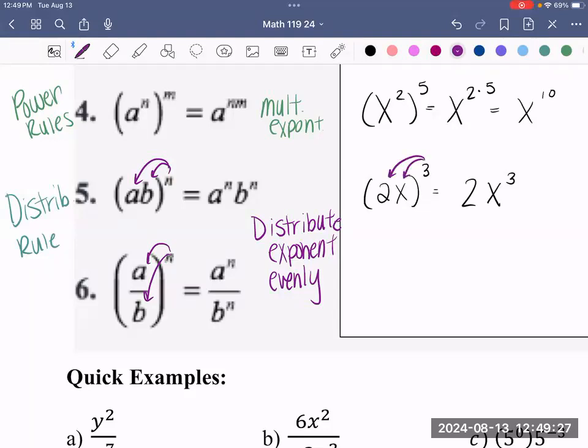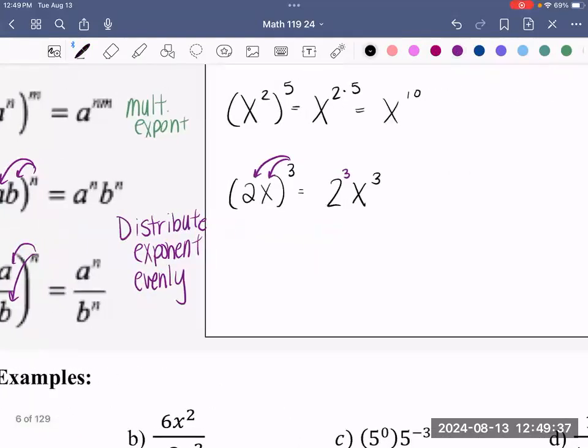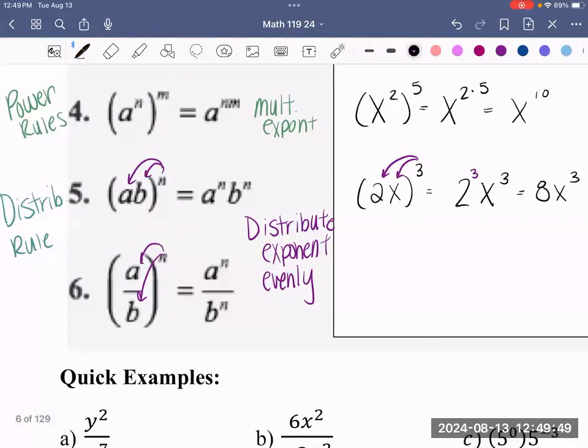That 2 still matters. It's just representing that a out front, your coefficient. So really, we want to put 2 cubed, which is 8x to the 3rd. This does not equal just 2x to the 3rd. So be super careful when distributing those values in.